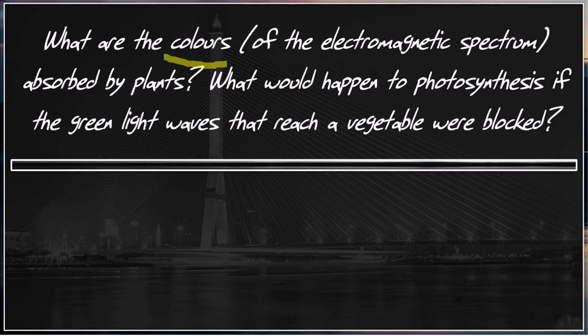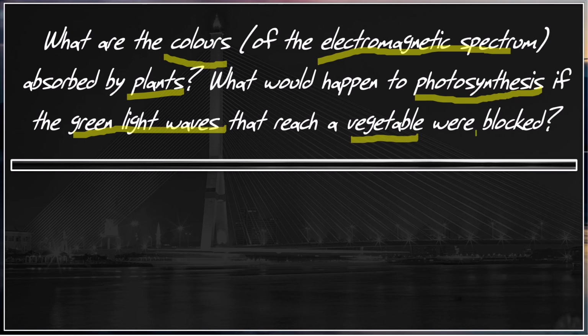What are the colors of the electromagnetic spectrum absorbed by plants? What would happen to photosynthesis if the green light waves that reach the vegetable were blocked?